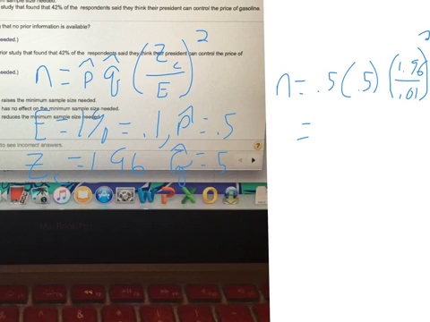Putting that in the calculator, I come up with 9604 as the sample size you need.